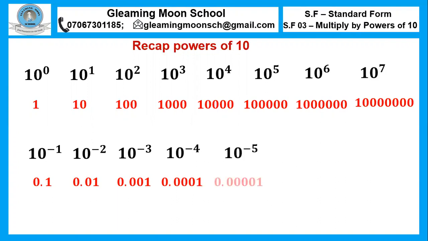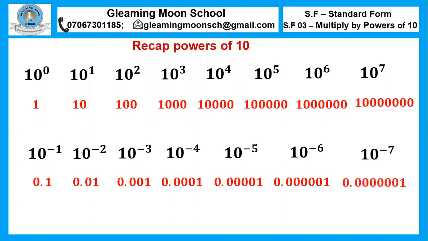Minus 5, 0.00001. And minus 6 is 0.000001, and 7 is 0.0000001. Absolutely beautiful. Well done. I'm really proud that you're remembering what we did last time. You're becoming a master of mathematics even before I can guess.